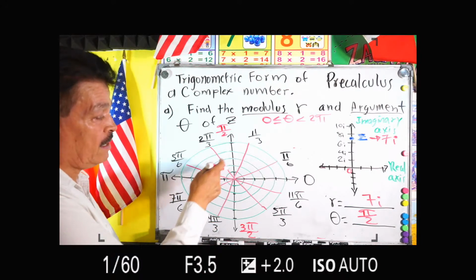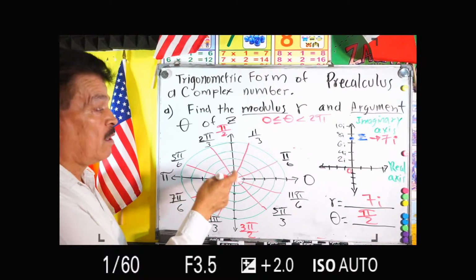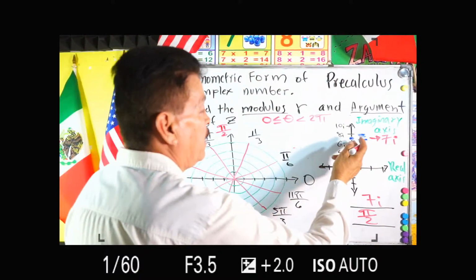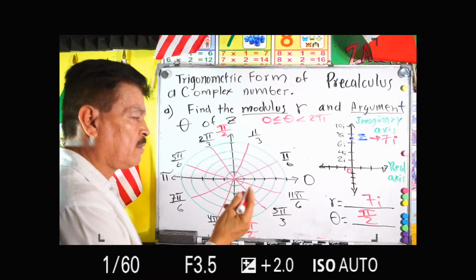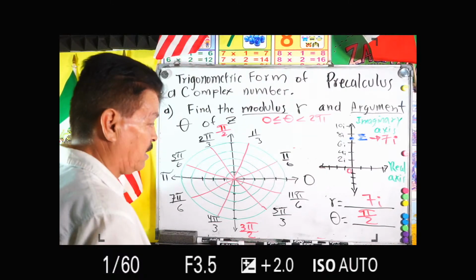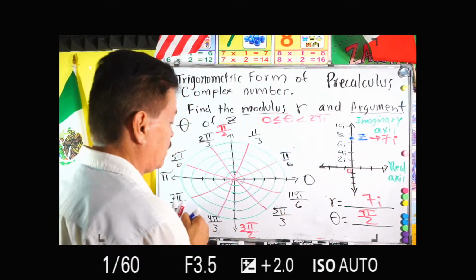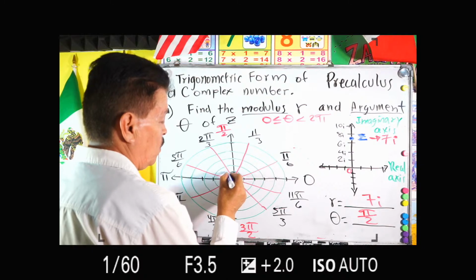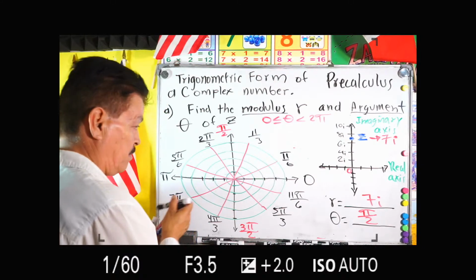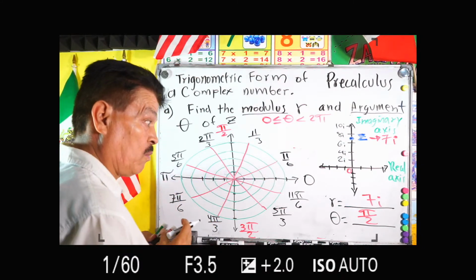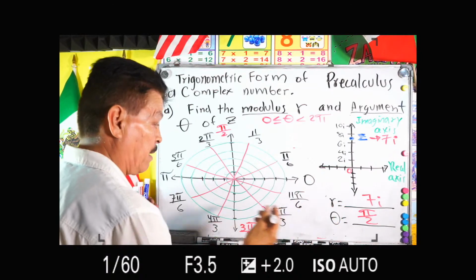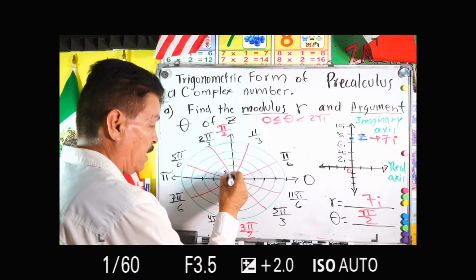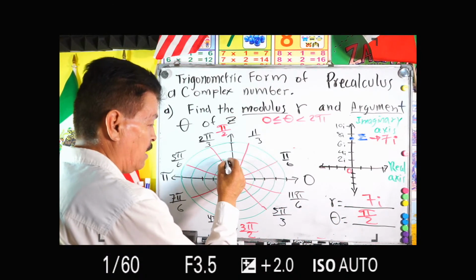You see why? Because the point is right here. Where is the point? Well, mark that point. Remember this point. It's the same graph I did. It's 2 right here. Maybe you ask why it is pi divided by 2? Because you have 2i here, 4i here, 6i here.